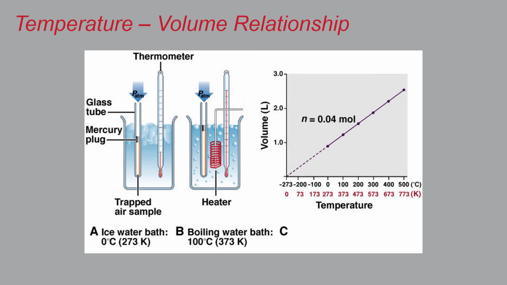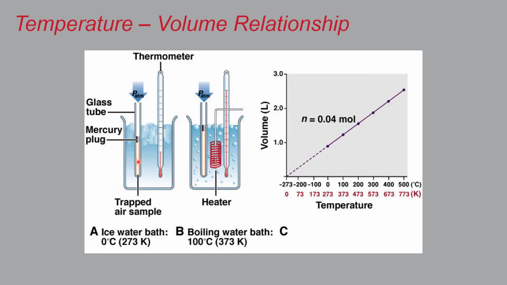Next is the relation between temperature and volume. So what people have found, so we have here is a trapped sample of gas with this mercury plug on top of it, and atmospheric pressure at this open end of this tube. So what this means is that because this end is open, the pressure inside here will always be constant.